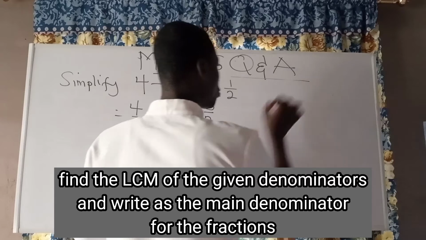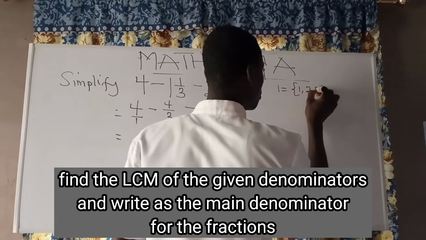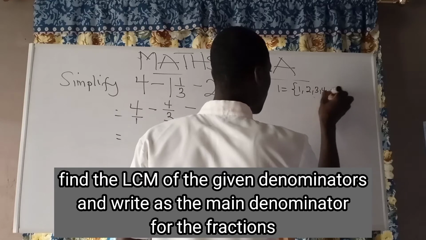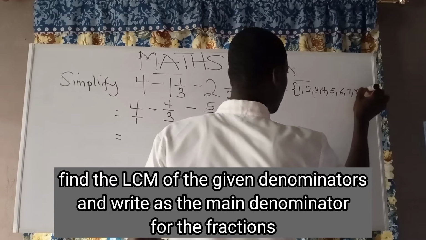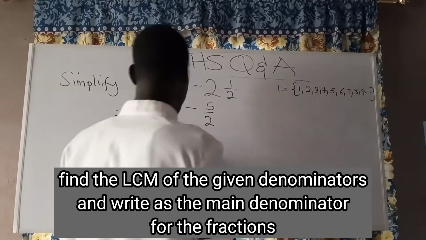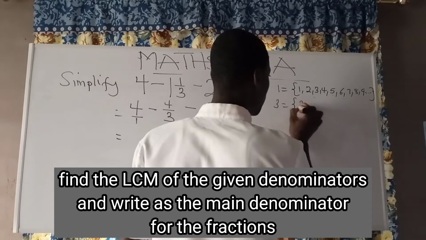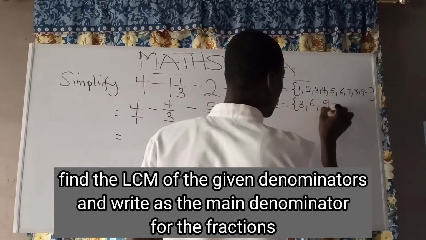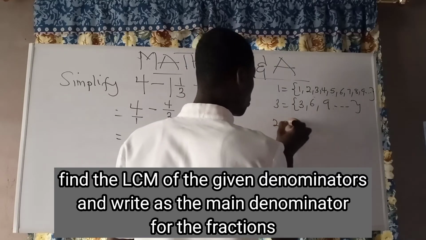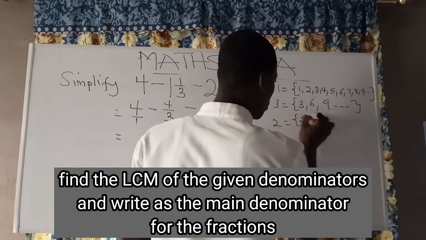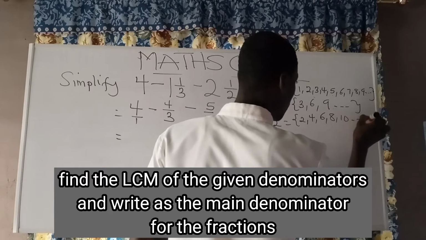Multiples of 1: 1, 2, 3, 4, 5, 6, 7, 8, 9, and the rest. Multiples of 3: 3, 6, 9, and the rest. Multiples of 2: 2, 4, 6, 8, 10, and the rest.